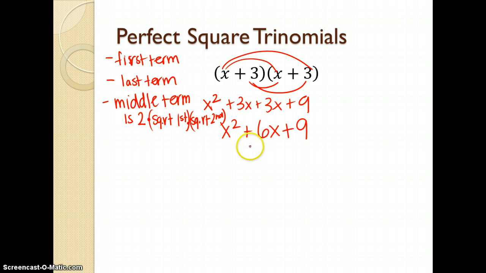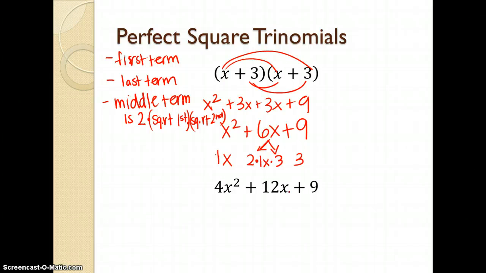To factor it, we'd say, okay, the square root of the first term would just be x, 1x. The square root of the second term would be 3. So that middle term better be 2 times 1x times 3. And it is, so we know that's a perfect square trinomial.